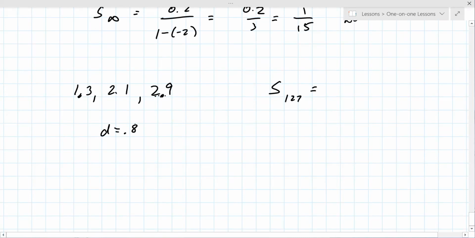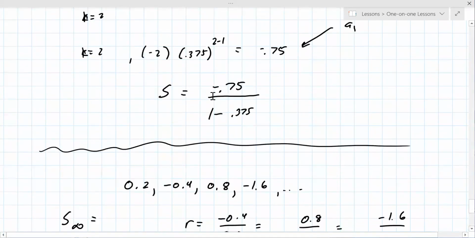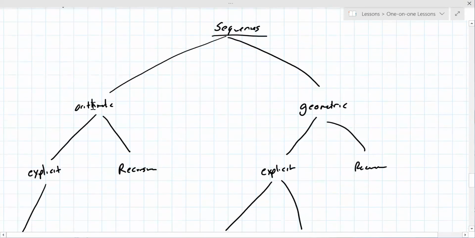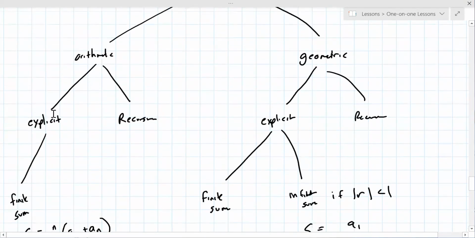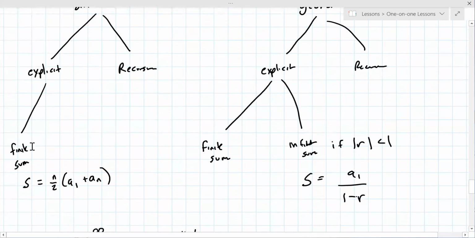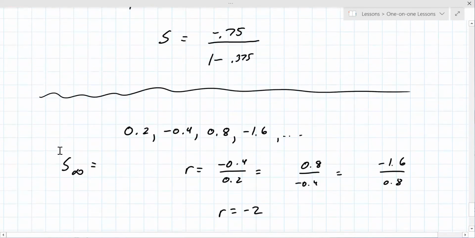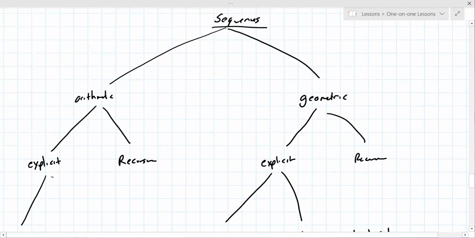Now this one is asking you to do a couple of things that generally you have to do when you get tested. You have to realize, okay, this is arithmetic. You really need an explicit formula. Why? Because not only do you need the first term, you need the last term, and you need the number of terms, which I've already told you. So the explicit formula is an equals a1 plus n minus 1 times d.